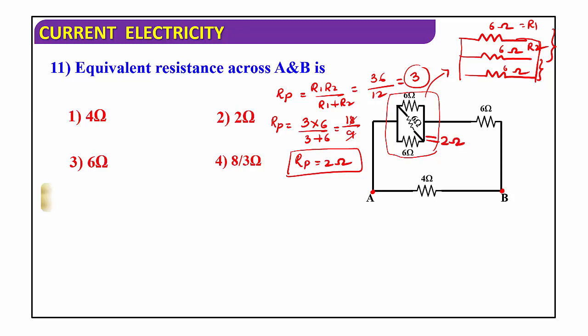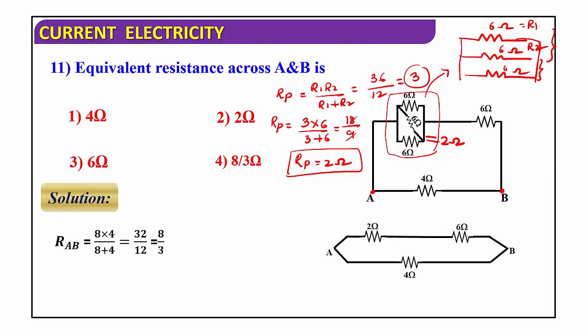Now it is easy to find. Observe the solution here. They have given the diagram. The 4 ohm is also the same here. The 6 ohm, keep as it is. This network we have solved, and the answer is 2 ohm. Now you can observe how these three resistances are connected. The 6 ohm and 2 ohm are connected in series, and these are connected in parallel with the 4 ohm resistor.